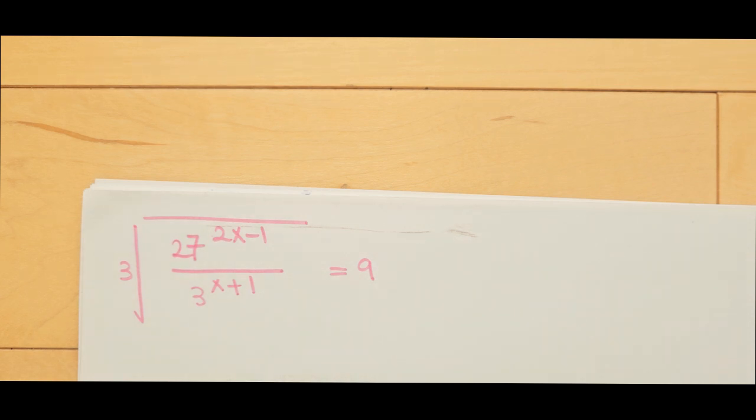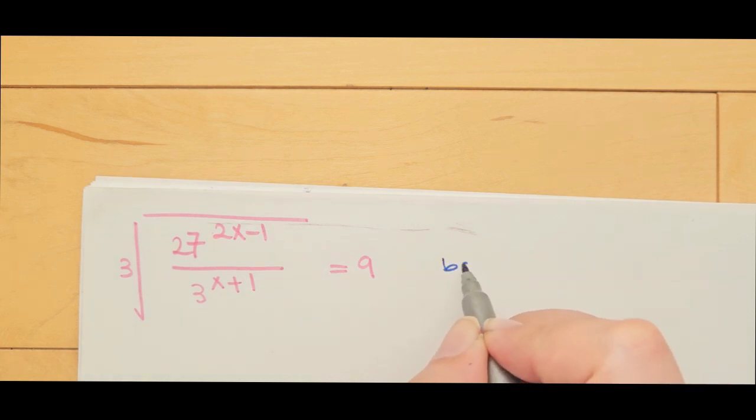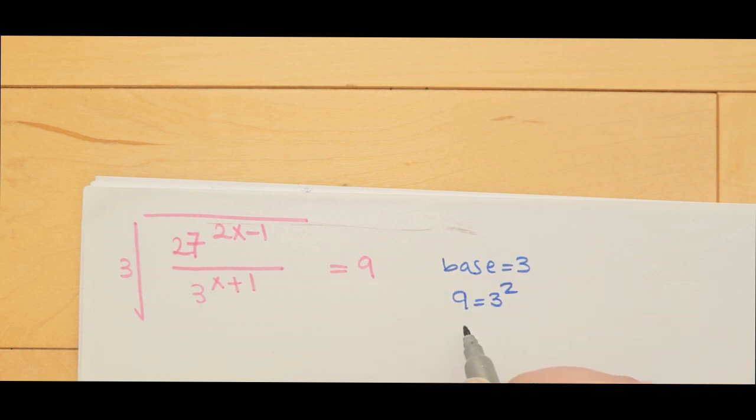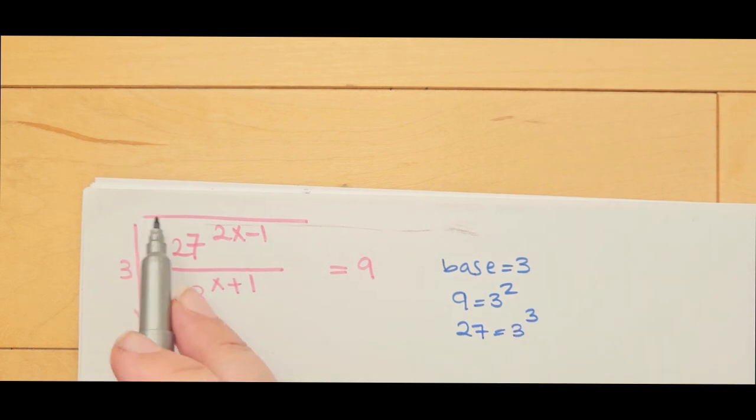So in order to solve this equation, remember, the first step, we have to come up with a common base. Here we have 3, 9, and 27. So I would say the best bet would be 3. 9 is actually 3 to the power 2, and 27 is 3 to the power 3. Okay, so I want to get rid of this root sign and write it as an exponent.